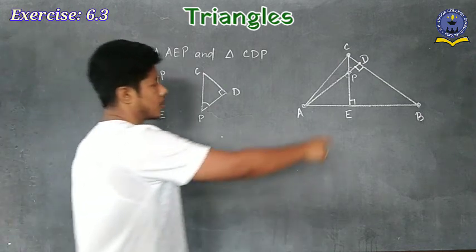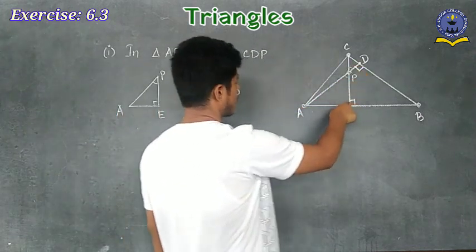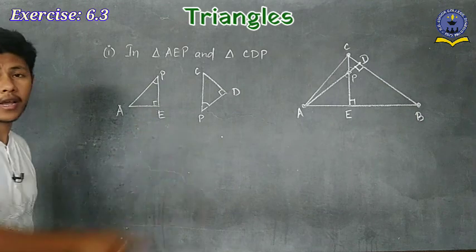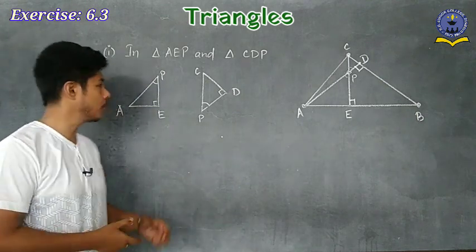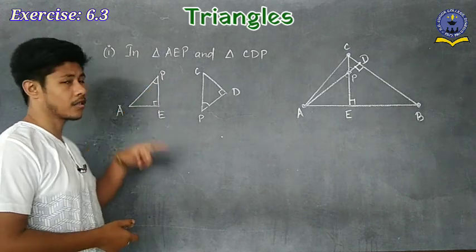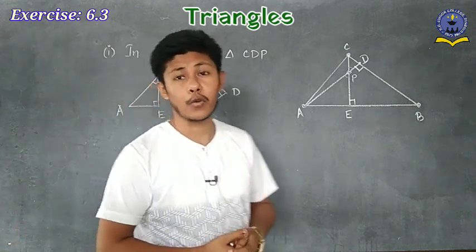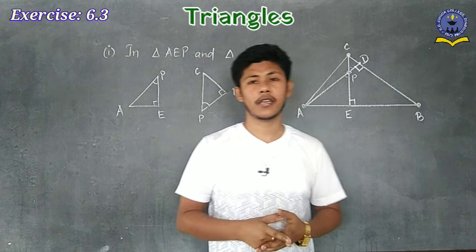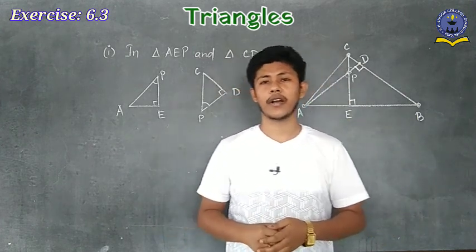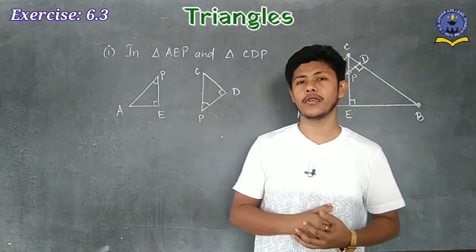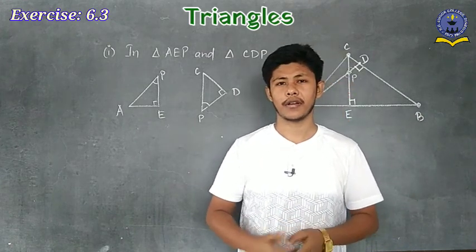And it is already mentioned that they are perpendicular, so that means 90 and 90. So I think all of you understood what you have to do. If two angles are equal, then which criterion can we apply? By the angle similarity criterion, we can easily prove these two triangles are similar.